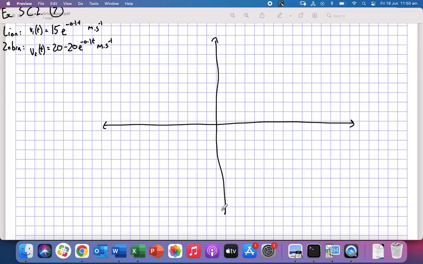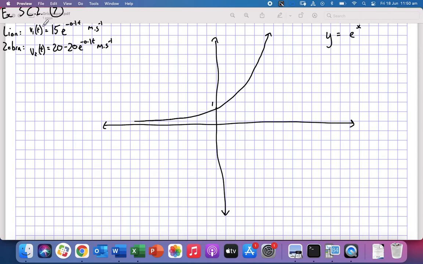If you've got your simplest exponential, y equals e to the x, the x-axis is the asymptote, and it crosses at 1, because when x is 0, you have a power of 0 and you get 1.